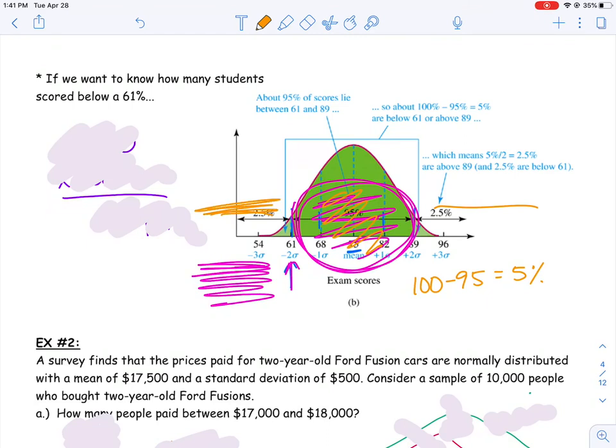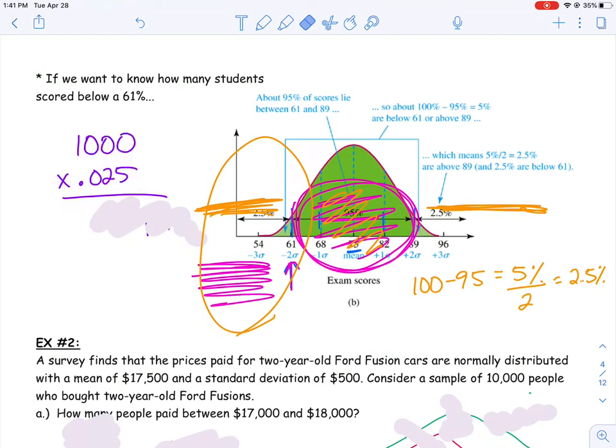But I don't want to know how many people are below and above. I just want this half. So I'm going to take the 5 and divide it by 2. And so then you should end up getting 2.5% of people scored below that 61. But the question says how many students, so let's figure out how many students it means if 2.5% of them are below a 61.